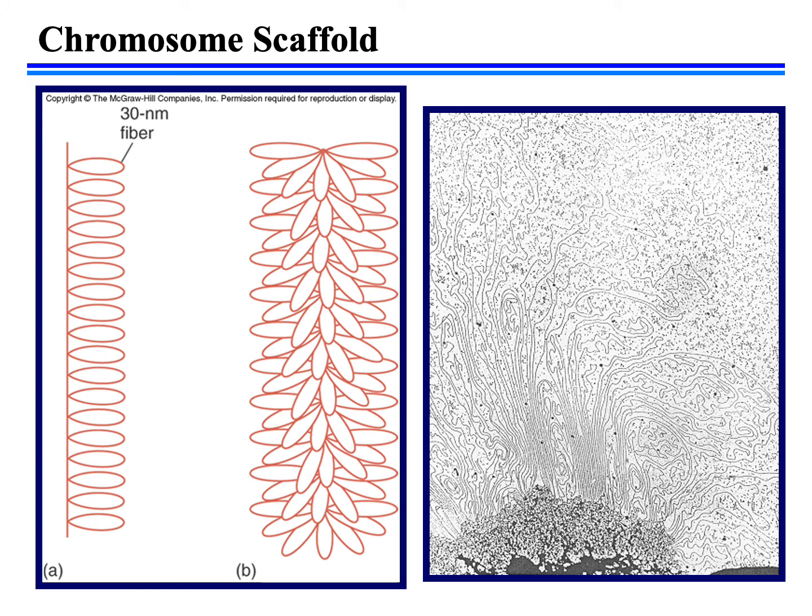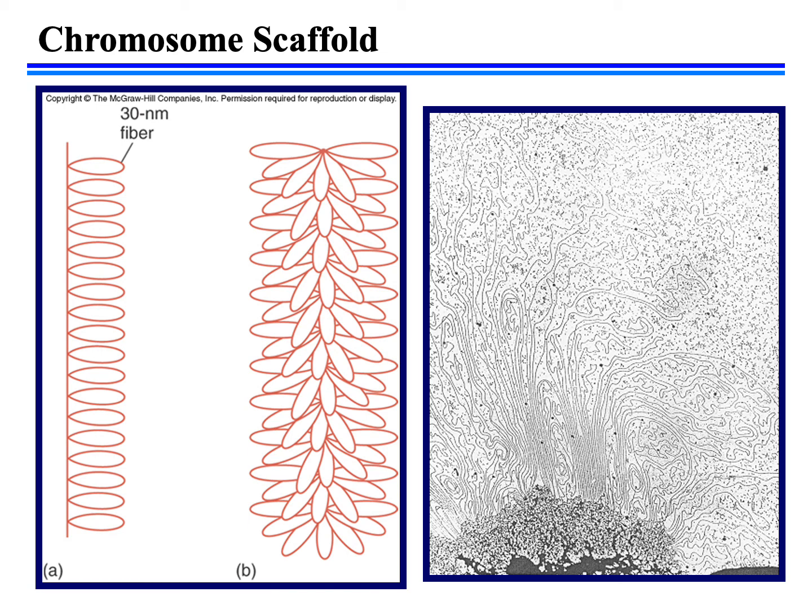The next level of organization is referred to as the 300 nanometer fiber. The 300 nanometer fiber basically takes the 30 nanometer fiber and folds it up back and forth, and again further condenses it. In the figure that you see on the left, which is the cartoon version, it looks like a bunch of petals along a stretch or a strand.